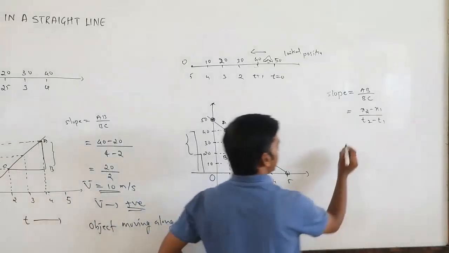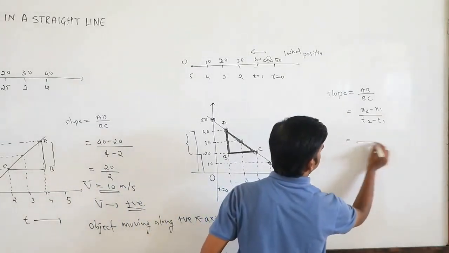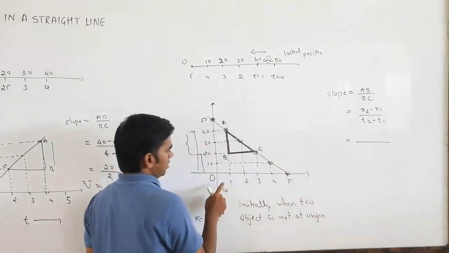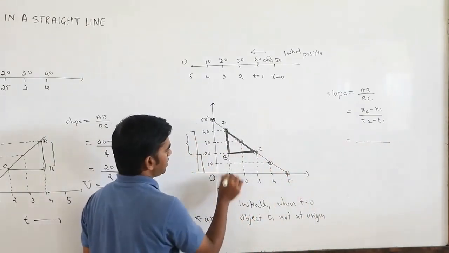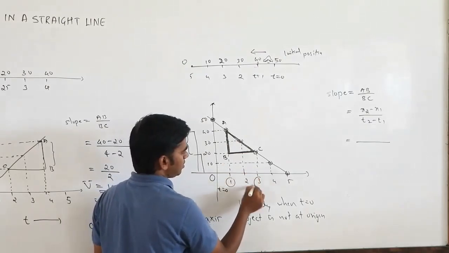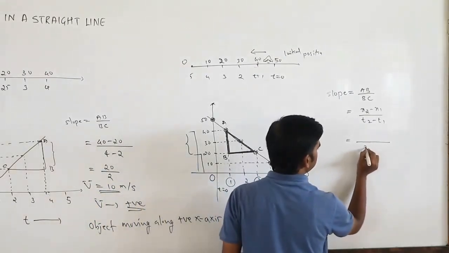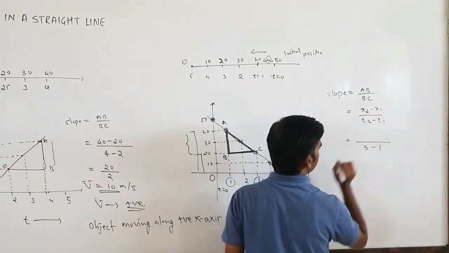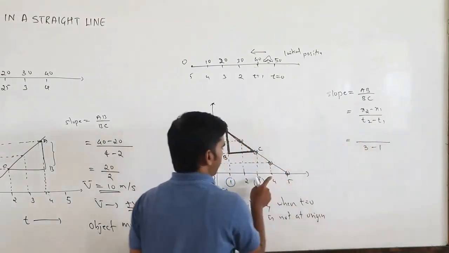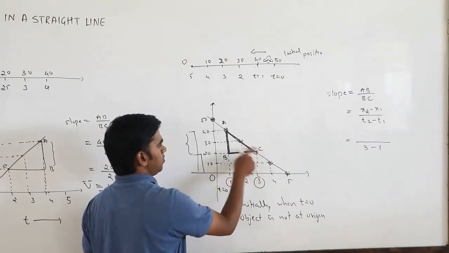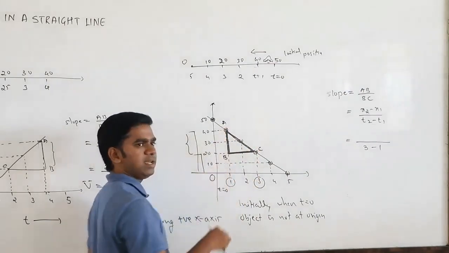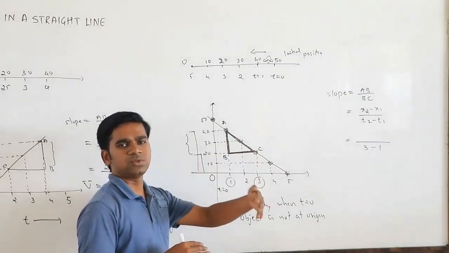Now we will see what t2 is. t1 is 1 second here. t2 is 3 seconds. Okay. So t2 is equal to 3, t1 is equal to 1. This is your x1, and that is x2. Don't think that the larger one is x2.